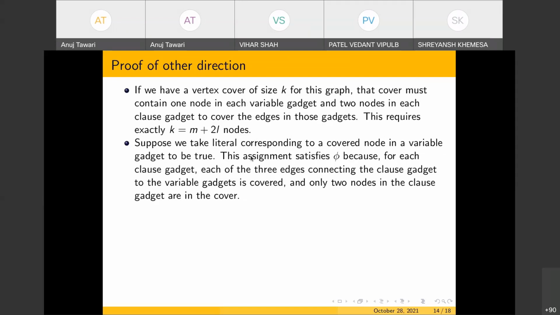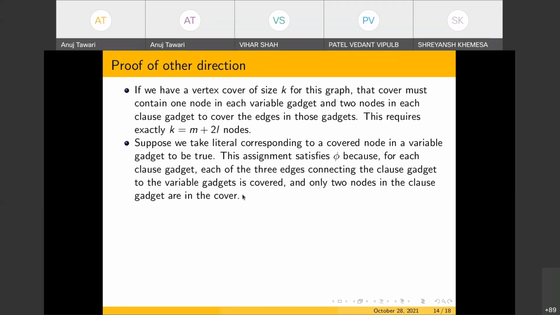Now why will this satisfy phi? For each clause gadget, which was the triangles, each of the three edges connecting the clause gadget to the variable gadget will be covered. Correct? And only two nodes in the clause gadget are in the cover.